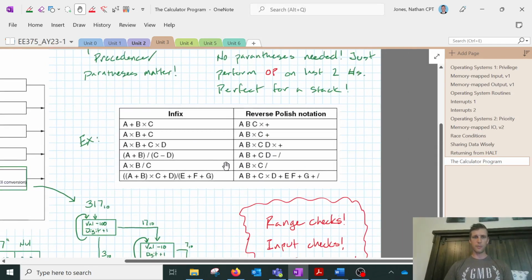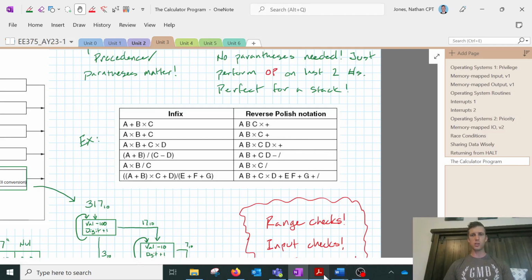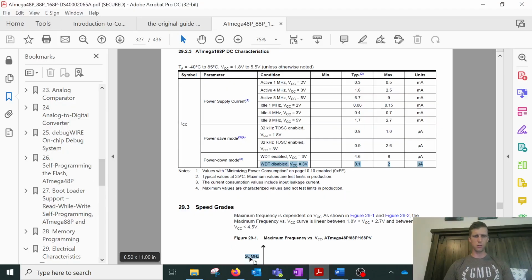You can see a couple examples here of converting what we would call normal mathematical expressions, infix expressions, into postfix or reverse Polish notation. The book talks a little more about that also.